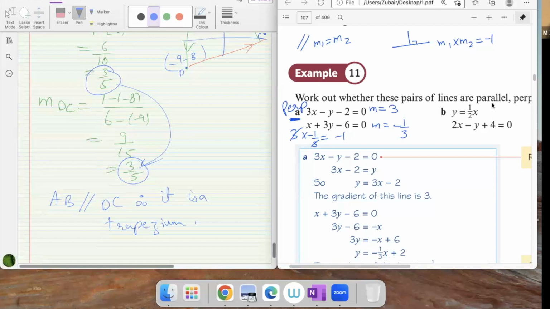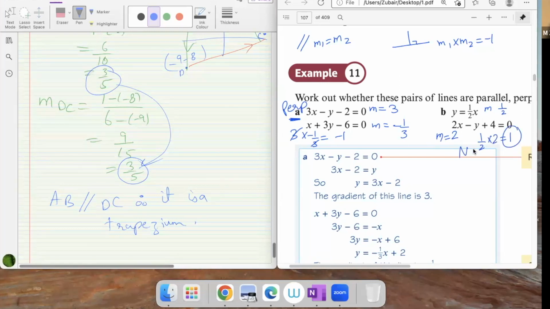Moving on to the second one, the gradient of the first line is 1/2, and the gradient of the second line is 2. The gradients are clearly not the same, so they're not parallel. But if we check for perpendicular, their product is 1. It is not -1.